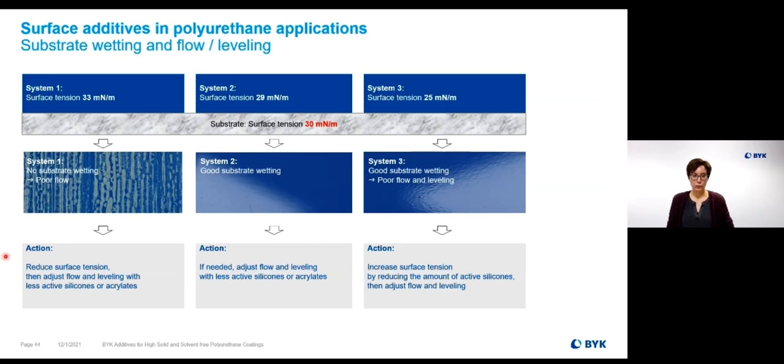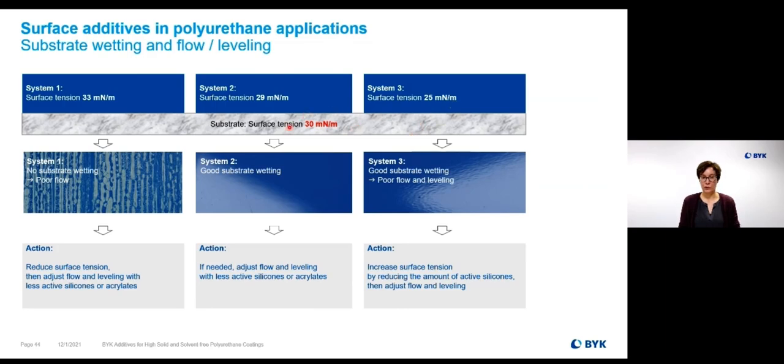What do we have to do? We have to reduce the surface tension. And then we can adjust the flow and leveling with less active silicones or acrylates. Going now to system 3. This system has a surface tension of 25 millinewton per meter.